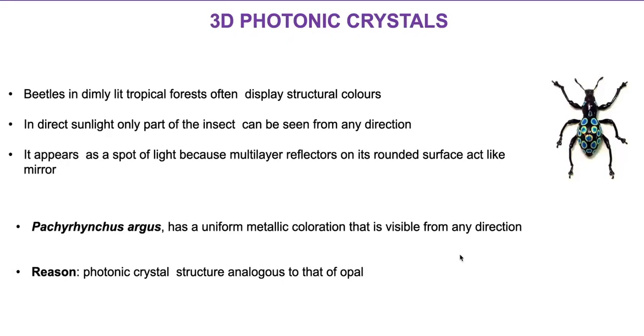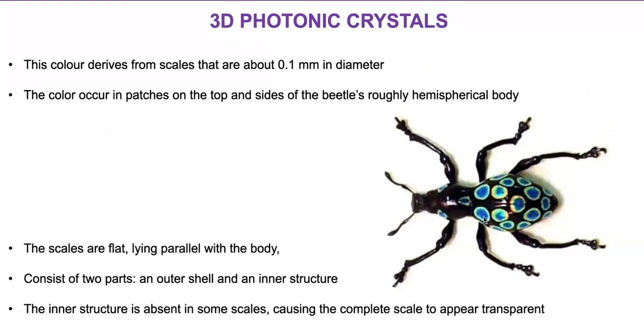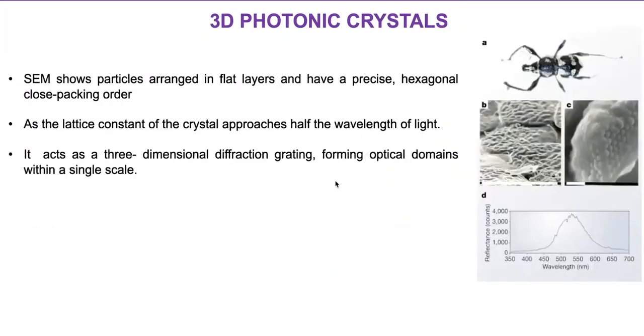And these are colors which are very similar to, for example, opals. And this color is due to the presence of certain structures on these small scales. These scales are about a millimeter in size. They are present on the hemispherical body of these beetles. So what is it made up of?